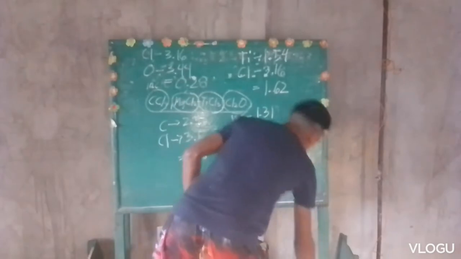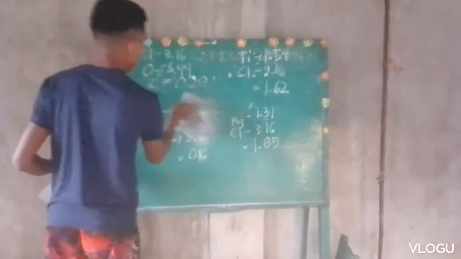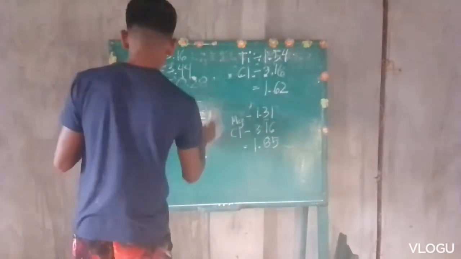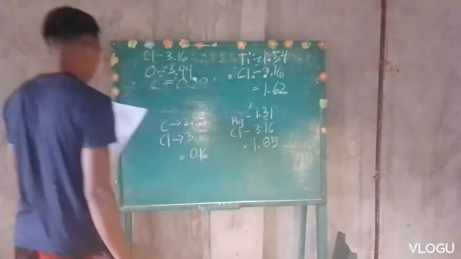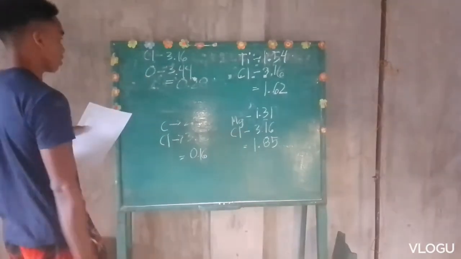So after finding their differences, we will order their bond compounds according to their increasing ionic character.